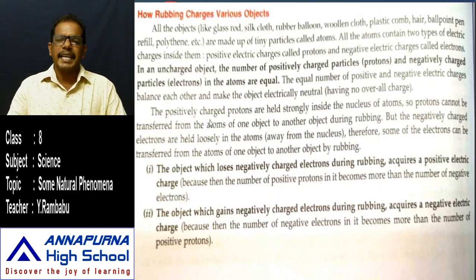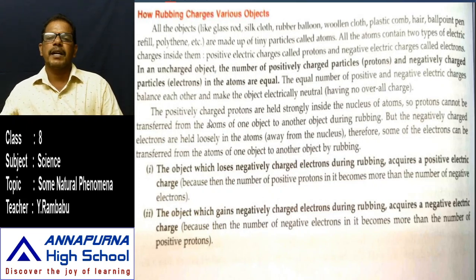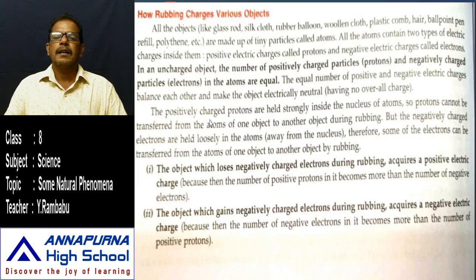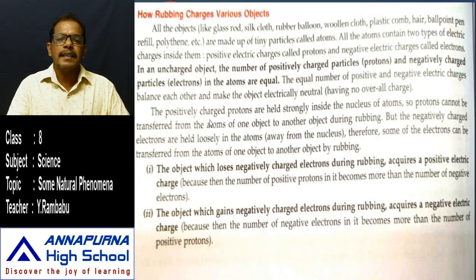That means any substance is made of tiny particles called atoms. Again, atoms are made of subatomic particles, electrons, protons and neutrons. Don't get confused, observe carefully. Some electrons, protons and neutrons together aggregate, and atoms are formed, and these atoms combine and a substance or object is formed.